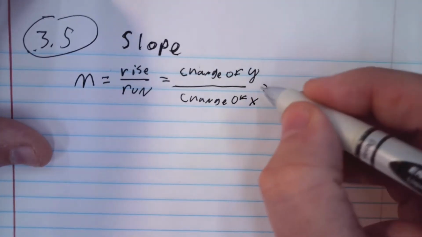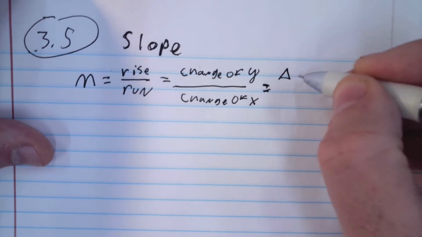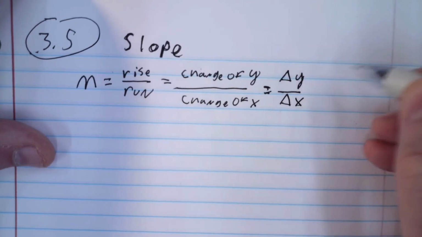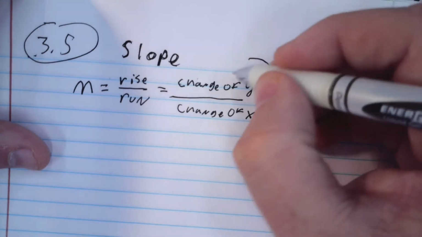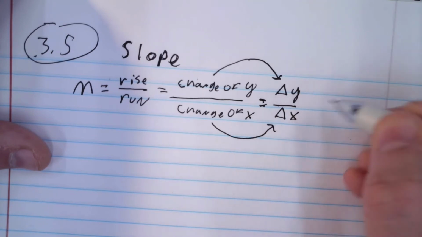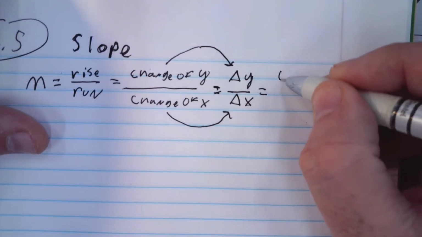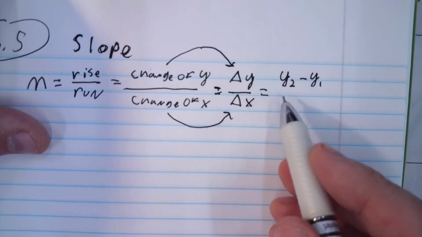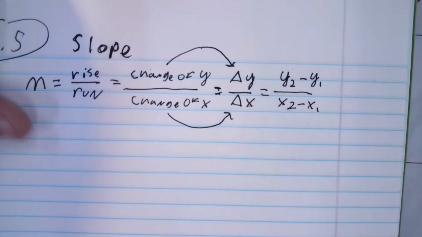Of course, a lot of times in science and math you don't write words, and so you sometimes see it like this. And that little thing right there, that delta, means change of. Okay, another way to write change of is this. y2 minus y1. This is how to write that. Equals x2 minus x1. Okay?